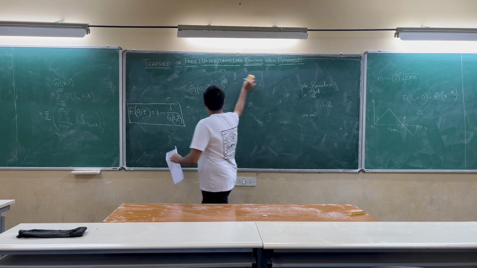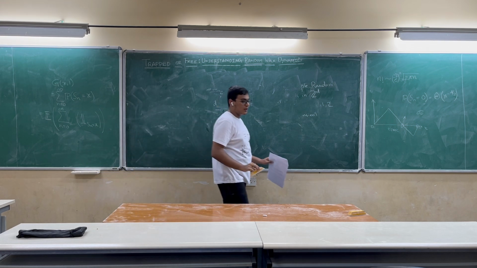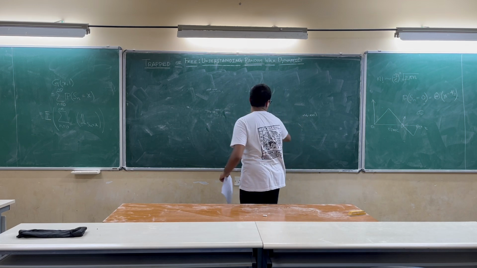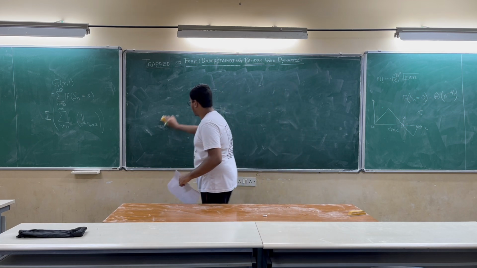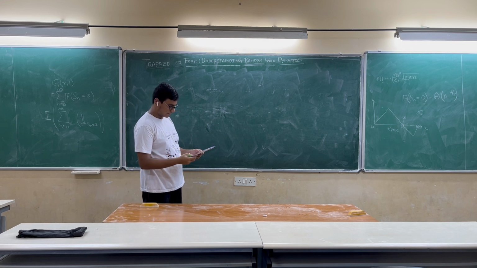So now my aim is to present a more rigorous and more clear analytic tool that for all dimensions greater than or equal to 3, the random walk will be transient.